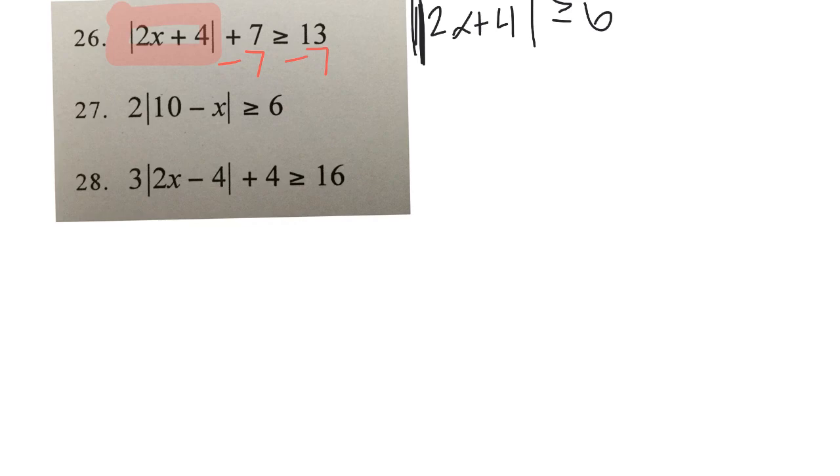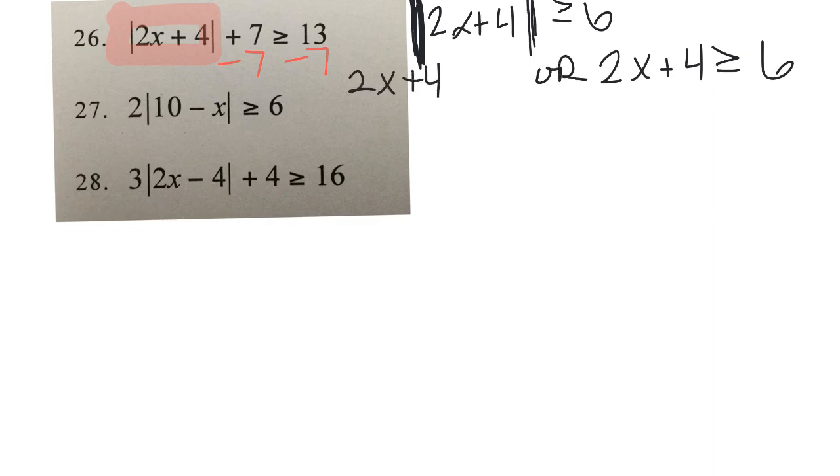Sometimes I make my absolute value bars really tall so it doesn't look like a 12 or something. Greater than is an or, so 2x plus 4 has to be greater than or equal to 6, or 2x plus 4 is going to be less than or equal to negative 6. It changes sign because those are where the numbers are more than 6 away from 0.